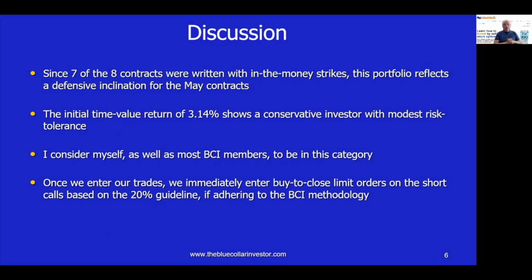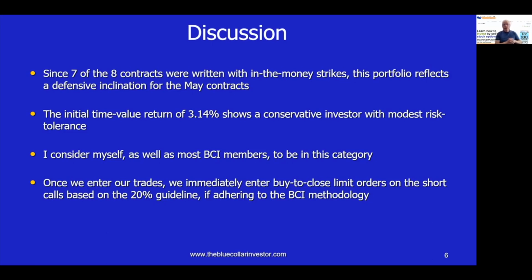And once we enter our trades, and of course you'll hear me harp on this time and time again, we must enter our buy to close limit orders. If we're selling a 1-month contract, we use the 20% guideline. If we're selling weekly contracts, we would start off with the 10% guideline. But we must implement these the second we enter our covered call trades and have buy to close limit orders, good till cancel.